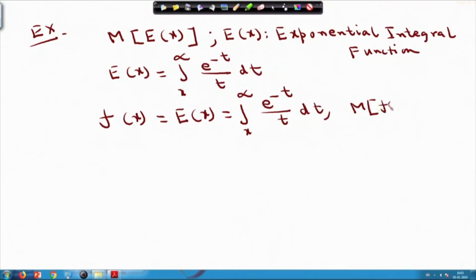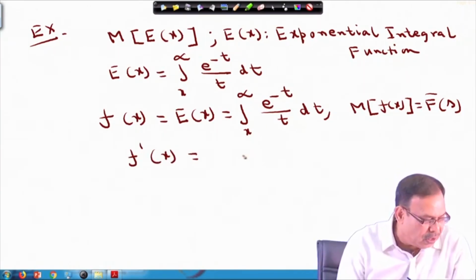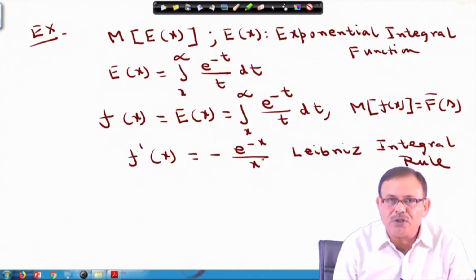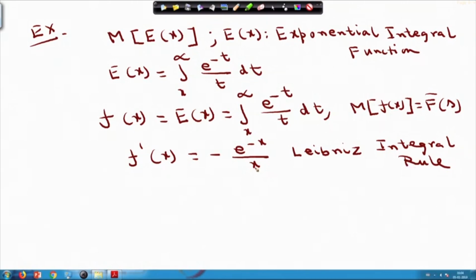If I take the Mellin transform of f of x, this will be equal to f bar of s. Now if I differentiate with respect to x on both sides, using the Leibniz integral rule, differentiation under the sign of integration, f dash of x equals minus e to the power minus x by x.